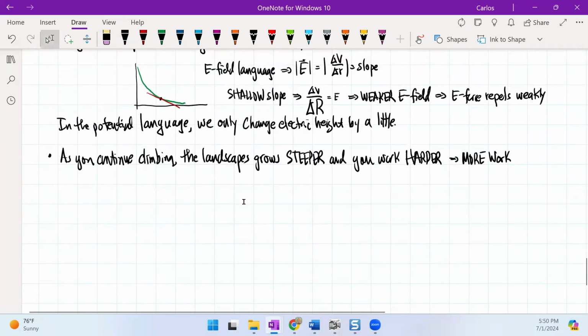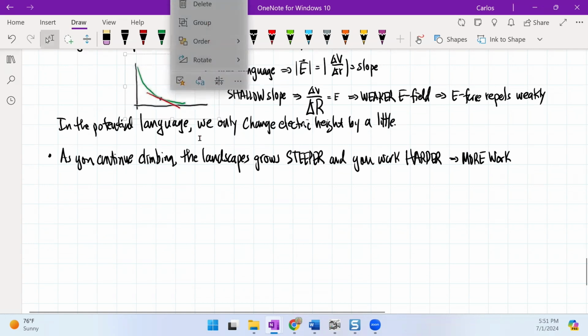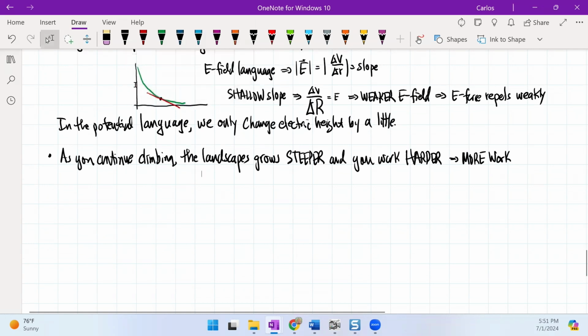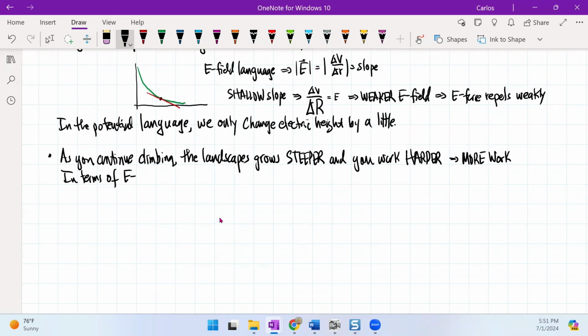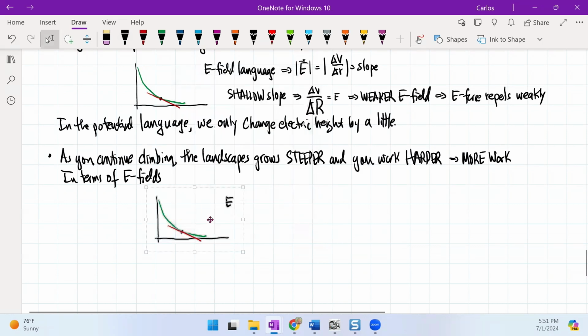Now, what happens in the electric field language? Well, I'm going to keep using this curve right here. So in terms of E fields, I have this curve right here.